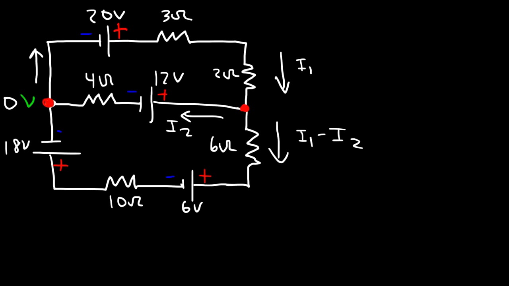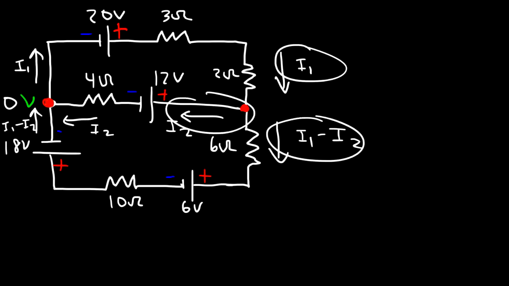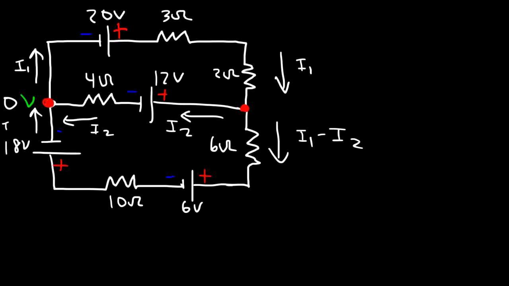So this is also I1, and this is I2, and the current that flows here is the difference between I1 and I2. So we get the same currents in that junction, so we don't have to worry about it. That's why we only need to take into consideration one of the two highlighted junctions.